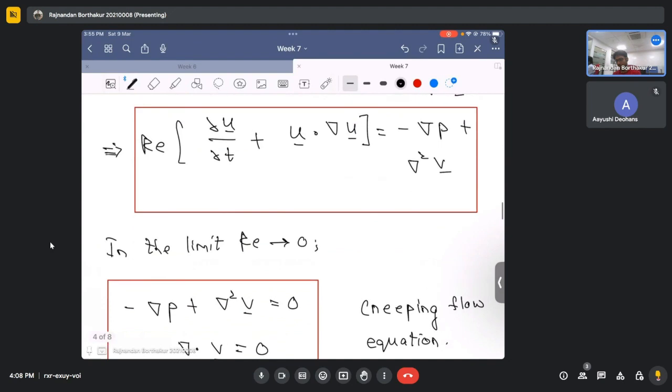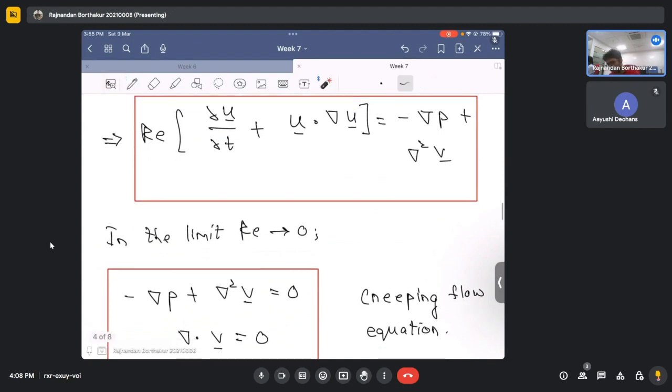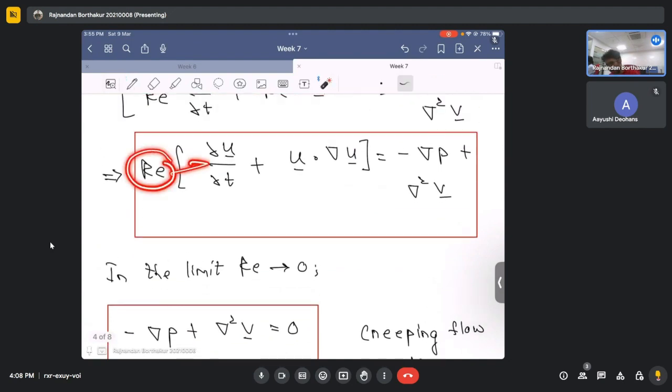So is this clear or not? In the limit of Reynolds number tends to 0, when the Reynolds number is not exactly 0, you can approximate it like this. For the case when you are examining the flow of flagella in, let's say, an unbounded medium, the Reynolds number indeed comes out to be a very small value, of the order of 10 to the power minus 4 or 10 to the power minus 3, which is very close to 0, and you can thus neglect the inertia terms that appear in the Navier-Stokes equation.